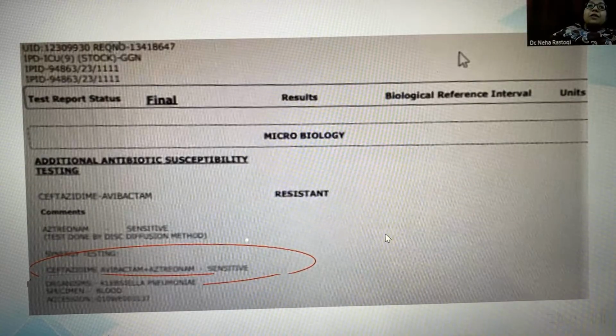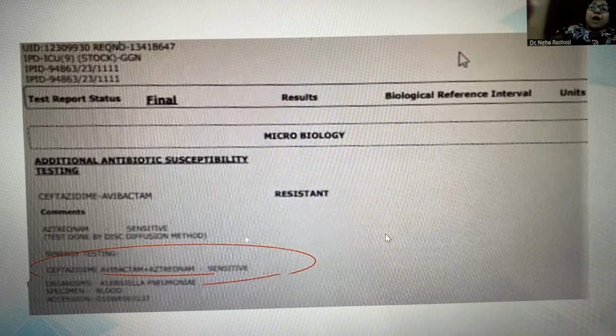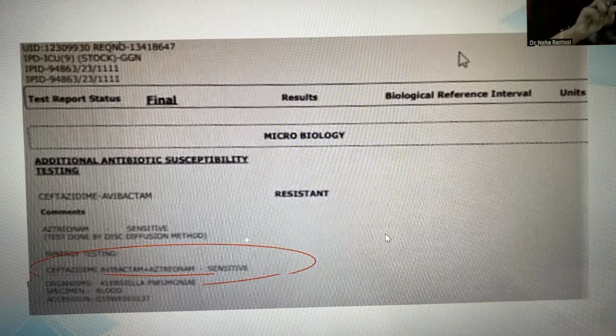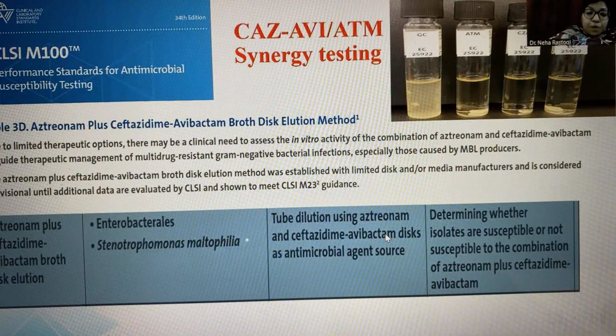You also have to think about synergy testing or aztreonam-avibactam based MIC E-test based testing which is available. And that is very important because we have seen the discordance also. Many a time you have OXA-48 being positive, but you still have the aztreonam-avibactam being sensitive. And the vice versa is also true. So synergy testing is still very, very important if we are using this kind of molecule.